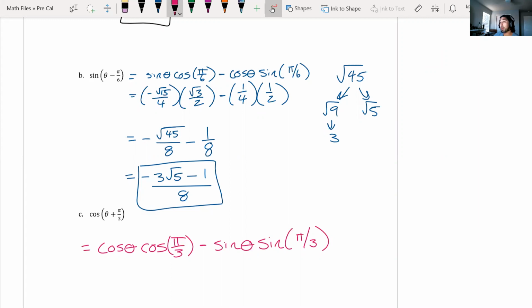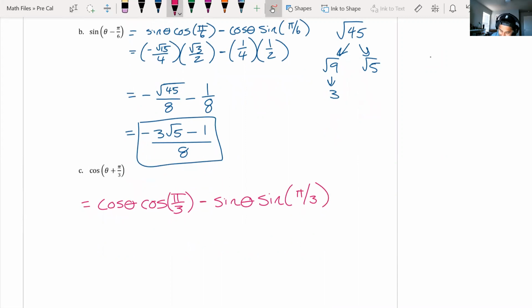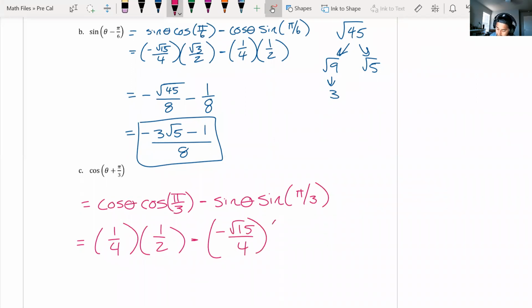Based on the triangle, what is the cosine of theta? 1/4. What is cosine at pi over 3? 1/2. Minus, what is the value of our sine? Negative radical 15 over 4. And what is the value of sine at pi over 3? Square root 3 over 2.